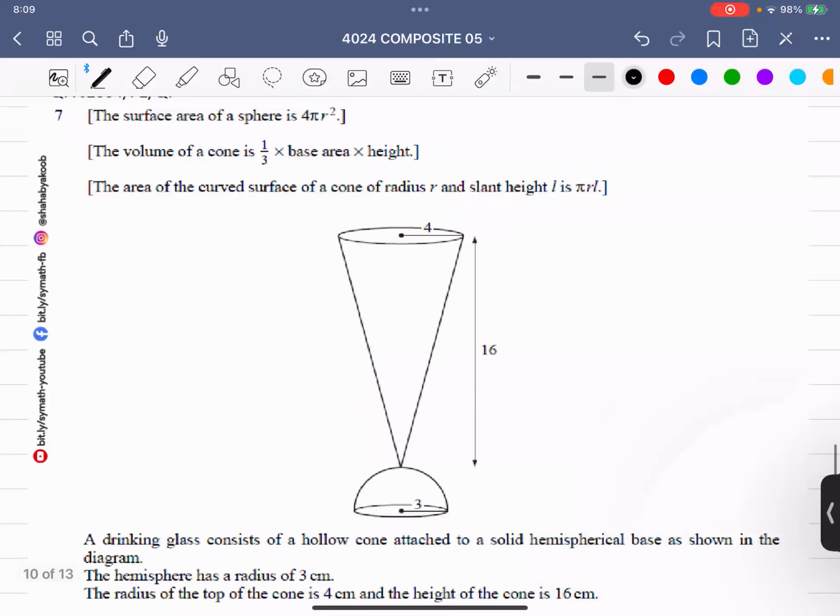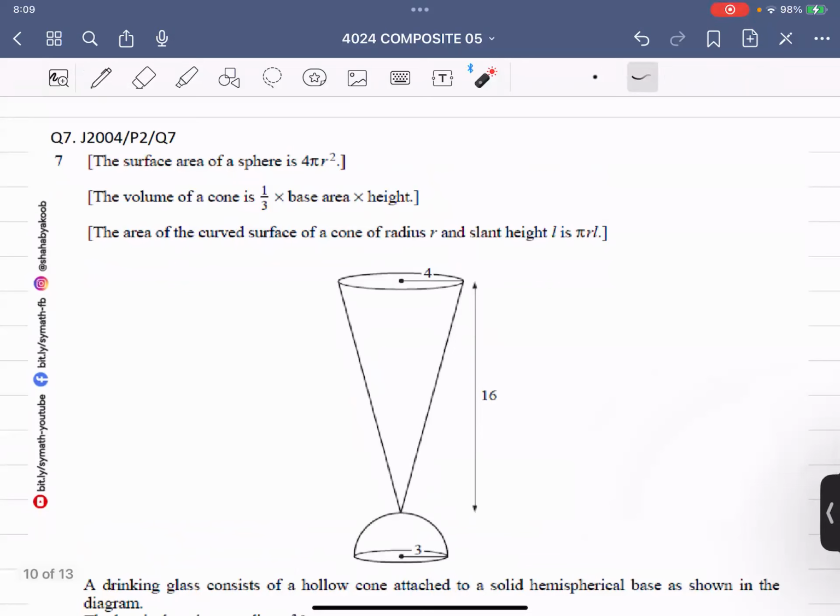Now let's look at this question. The question has given us the surface area of a sphere formula, volume of cone formula, and area of the curved surface of a cone formula. So that's the cone, and we can calculate the area of the curved surface and the volume of the cone.